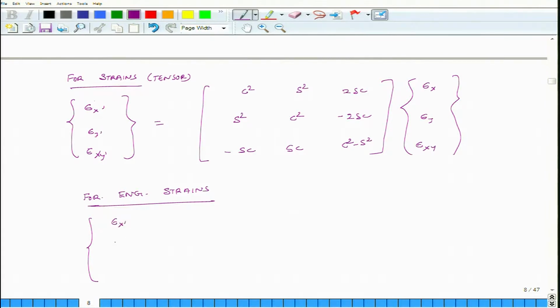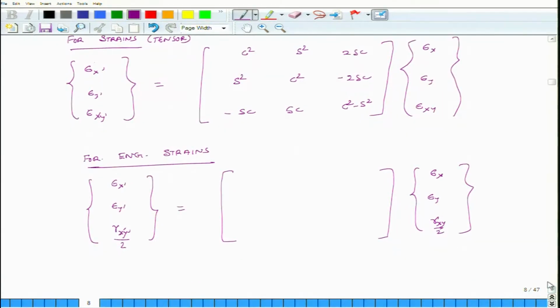So, epsilon x prime, epsilon y prime and gamma x prime y prime, but gamma x prime y prime is not a tensor. So, to express it in tensor value I just divide by 2, and this matrix remains the same. Here also it is epsilon x, epsilon y, gamma x y by 2, and this is what we get.